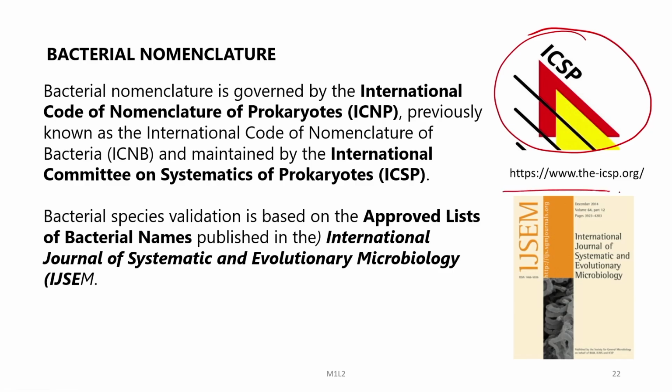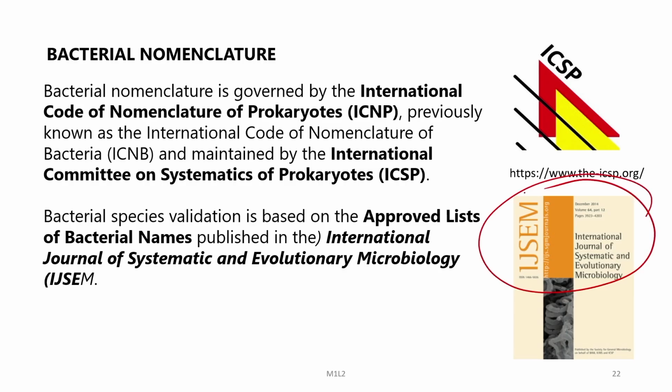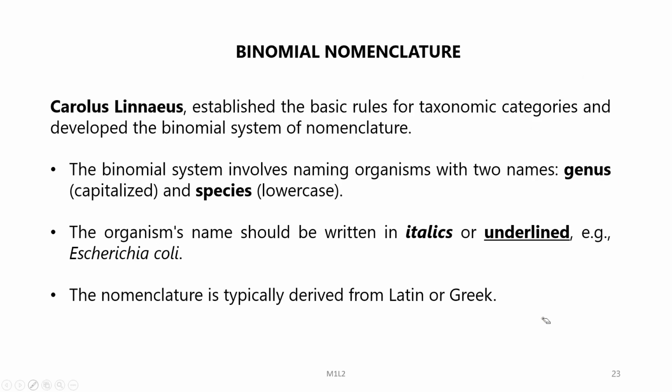Those who are interested can visit this website and learn about the various activities of ICSP. Bacterial species validation is based on the approved lists of bacterial names published in the International Journal of Systematic and Evolutionary Microbiology, and this is a very important step in the whole nomenclature process.